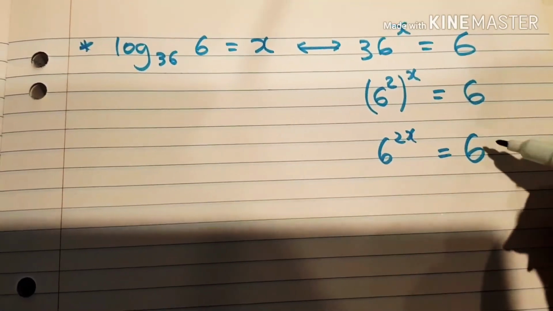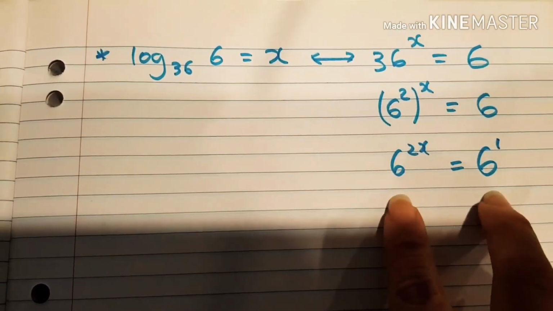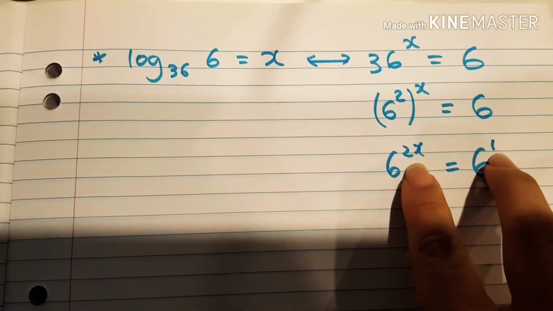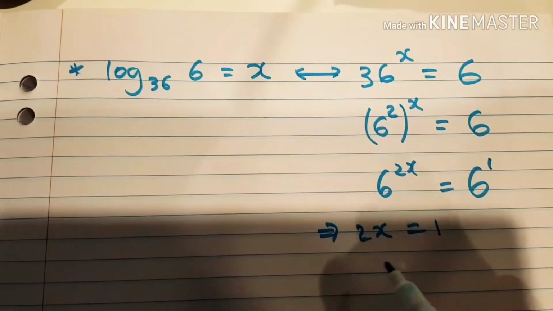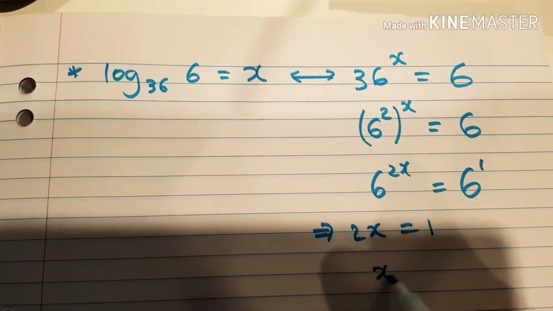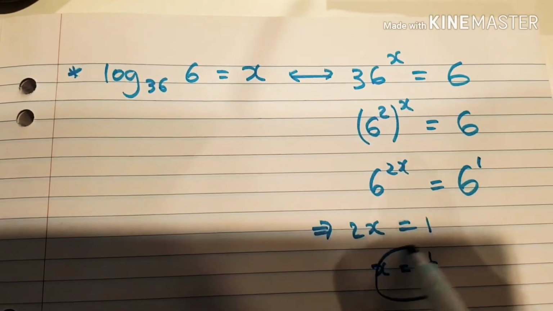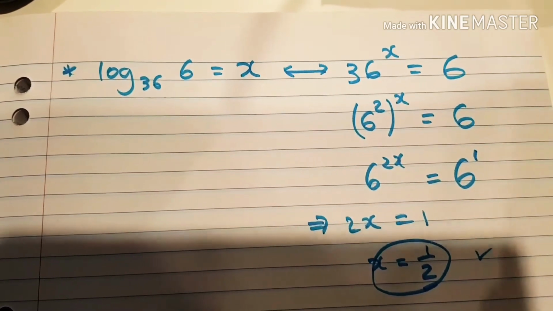And this is actually 6 to the power of 1, where the 1 is hidden. So the base is equal, so the power needs to be equal. Therefore I can say that 2x, the power, has to equal 1. So therefore x is equal to 1 over 2. This will be your final answer.